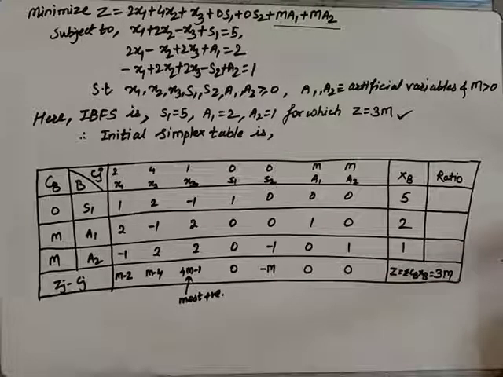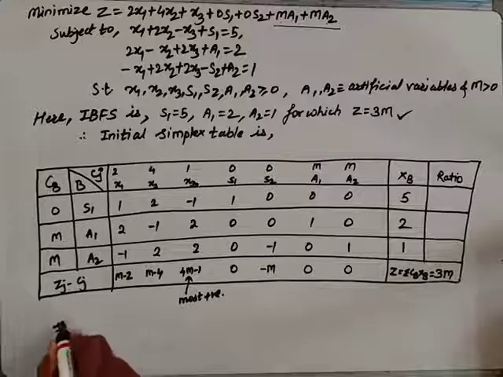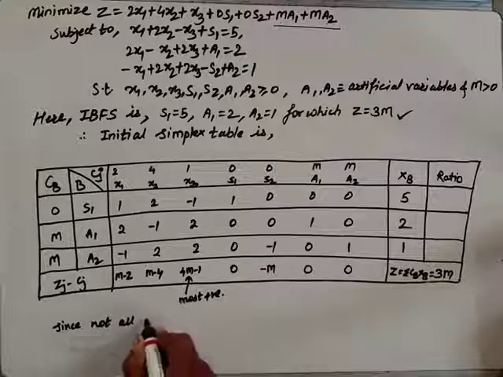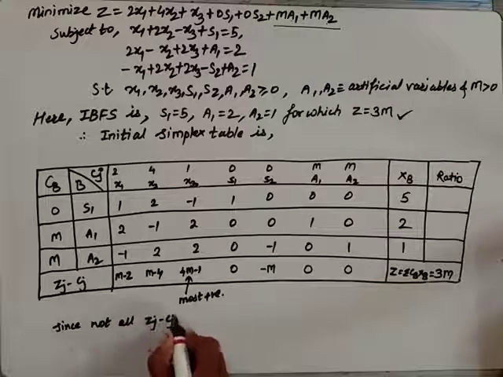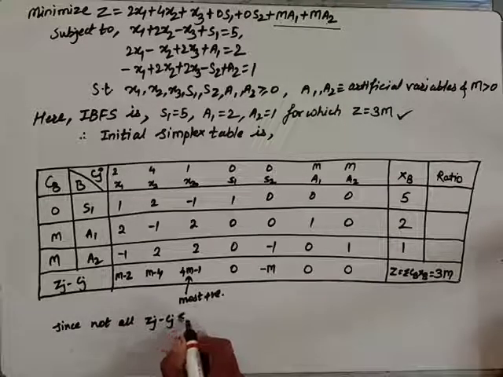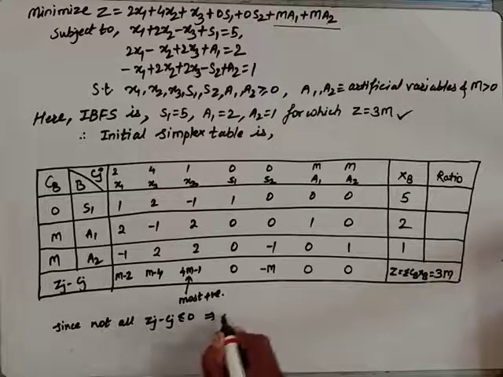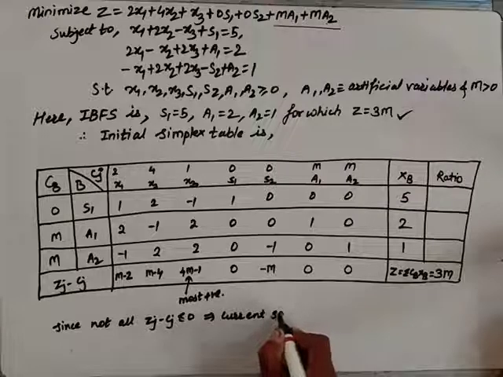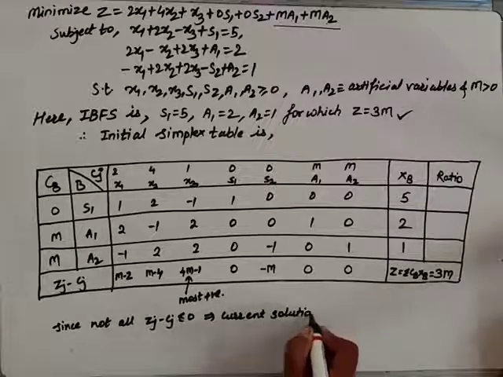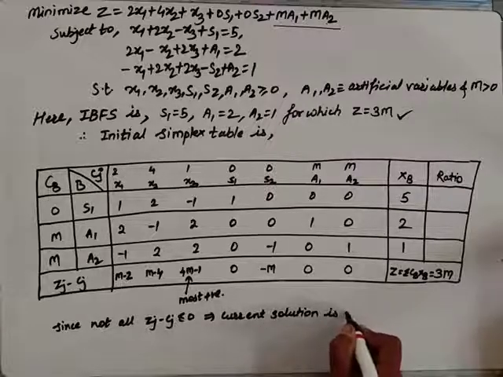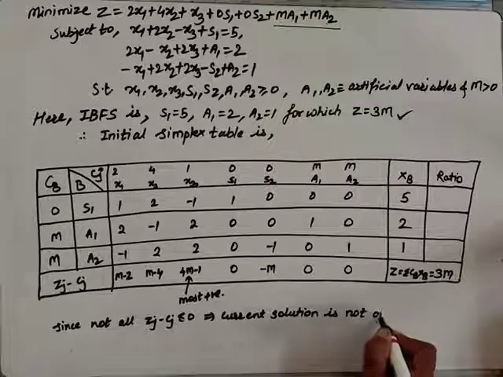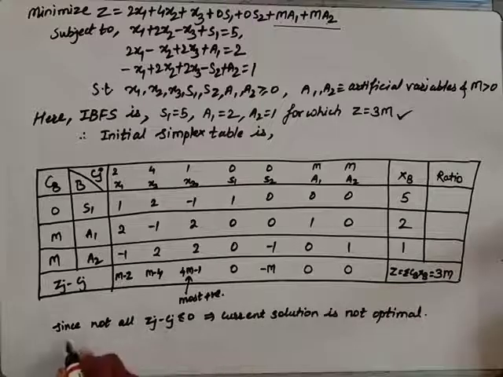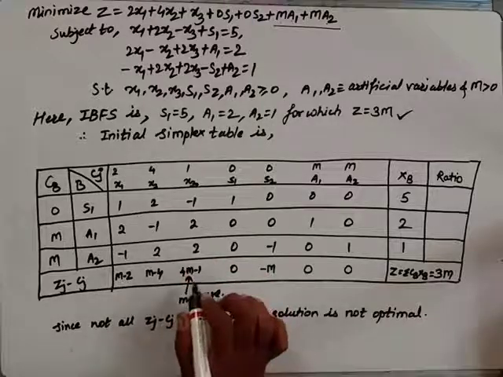I must write, since not all Zj minus Cj are less than or equal to 0, this implies the current solution is not optimal.